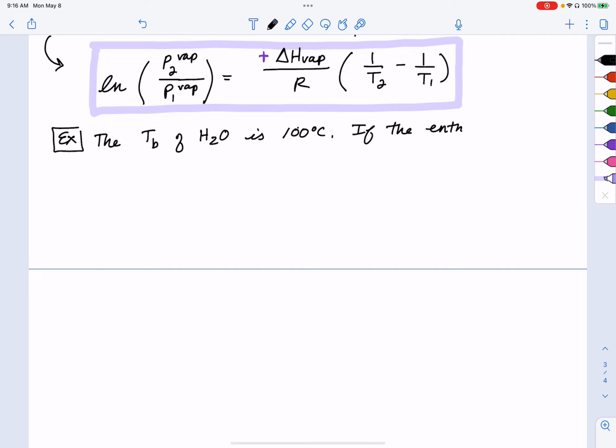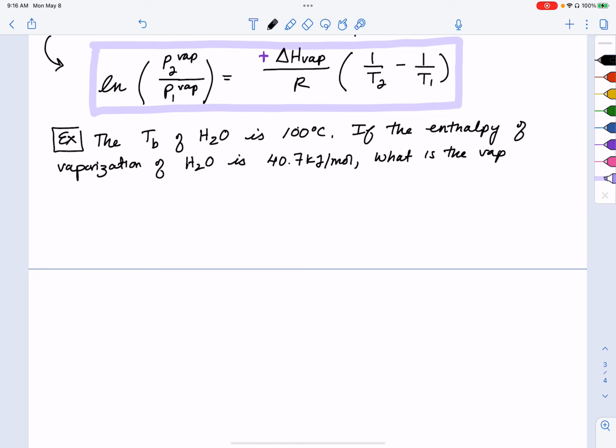If the enthalpy or heat of vaporization of liquid water is 40.7 kilojoules per mole, what is the vapor pressure of water at room temperature, or 25 degrees C?